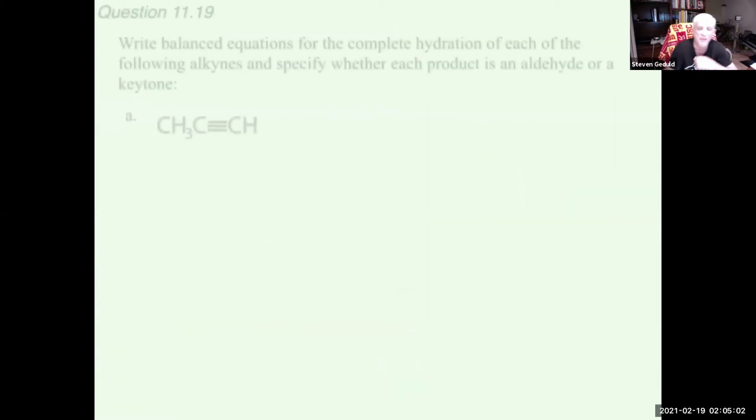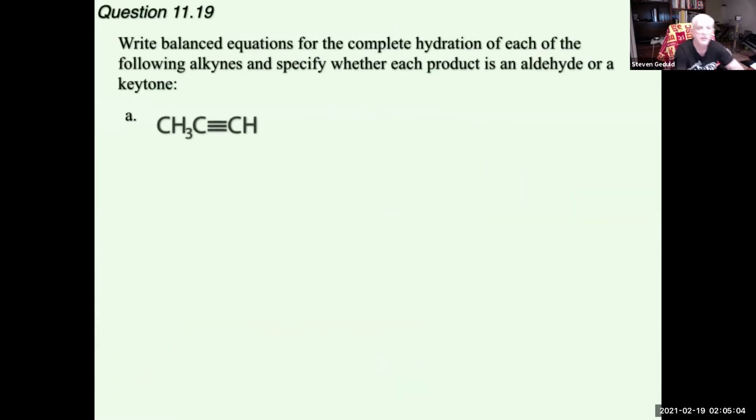So let's do an example and we'll show you some specific examples here. It says write a balanced equation for the complete hydration of each of the following alkynes and specify whether the product is going to be an aldehyde or a ketone. All right. So what's going to happen? We're doing hydration. Hydration means adding water, so H2O. So if we draw this out a little bit, there's 3 carbons.